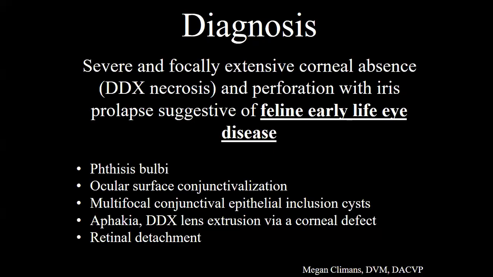You could argue it could be some degree of microphthalmia as well, because we had a rupture early in life and the eye never probably had a chance to get bigger. But then there's the surface conjunctivalization, the inclusion cysts. The lens may be either never formed or, more likely, extruded. Oftentimes with true aphakia, it can be a congenital anomaly. And then retinal detachment. So that is it.